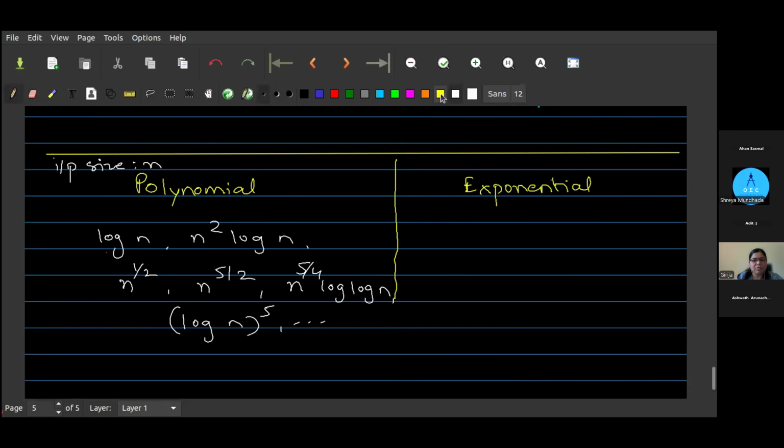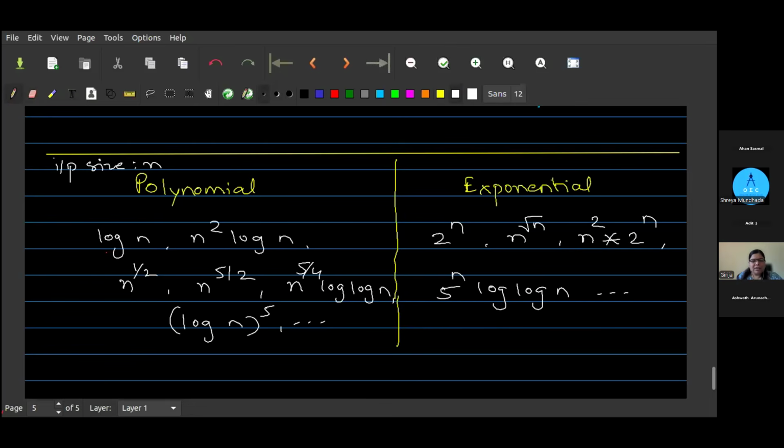Okay, I'm writing just some functions of n, and then here I'm writing a different type of functions. Hopefully we will see the difference clearly. Let's say something like 2 to the power n, n to the power root n, something like n square times 2 to the power n, 2 to the power log n, and so on. Let's say 5 to the power log n.